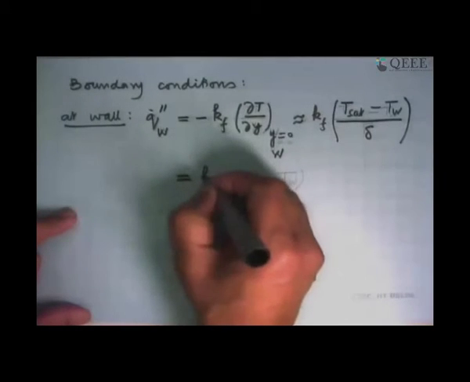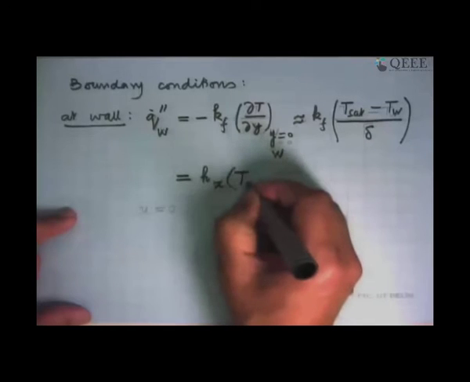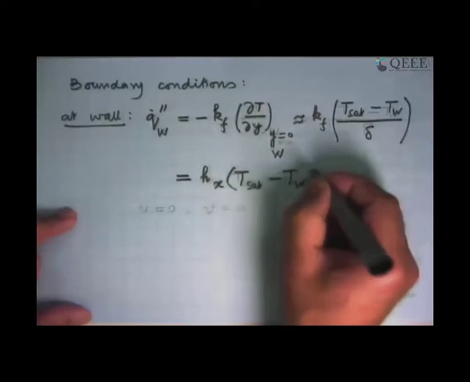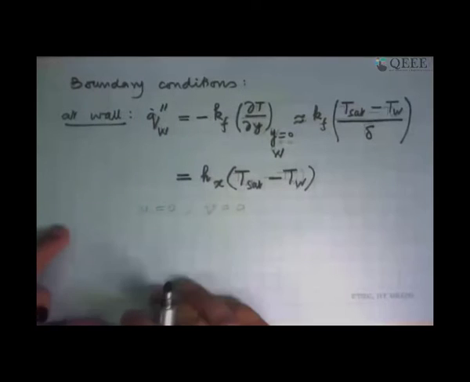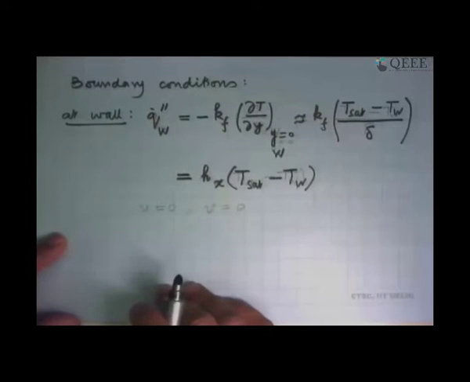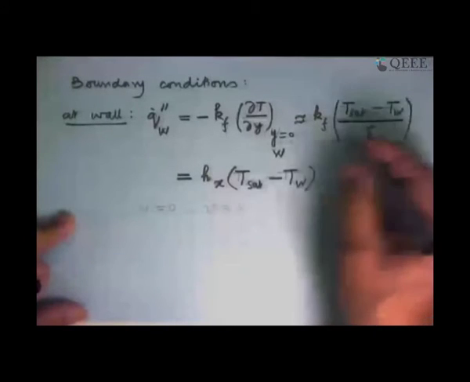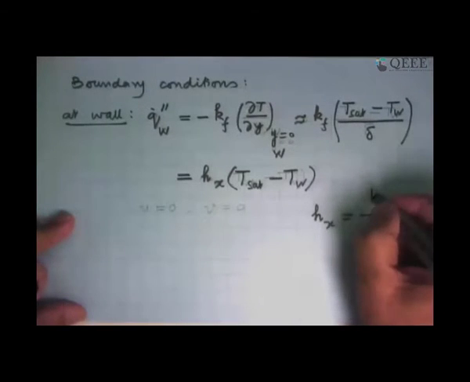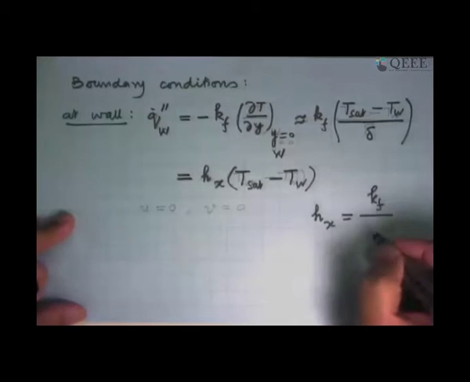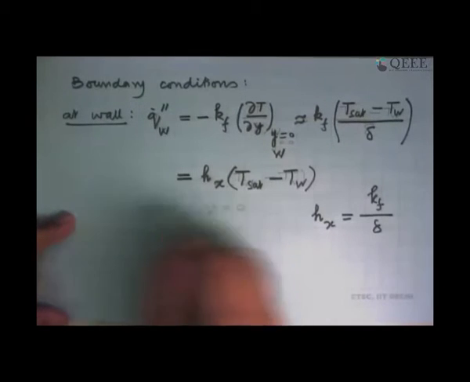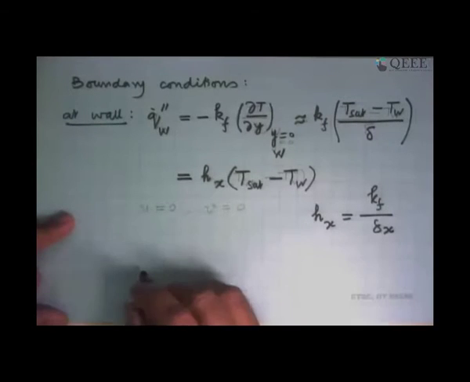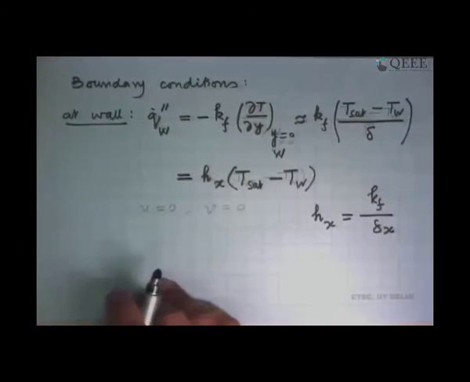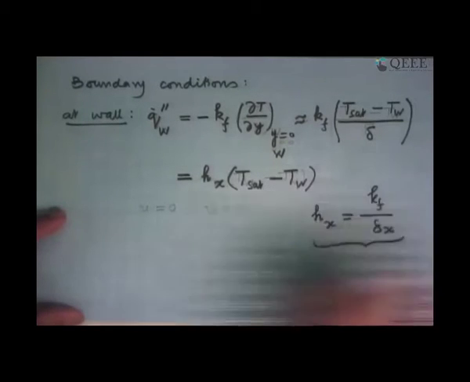That means q dot double prime at the wall is equal to hx into T sat minus Tw. So it also tells us very simply that if I combine these two, then you have hx equal to kf, conductivity of the fluid, divided by delta at that point. We'll say that delta is also a function of x. So this is something we will use later on.